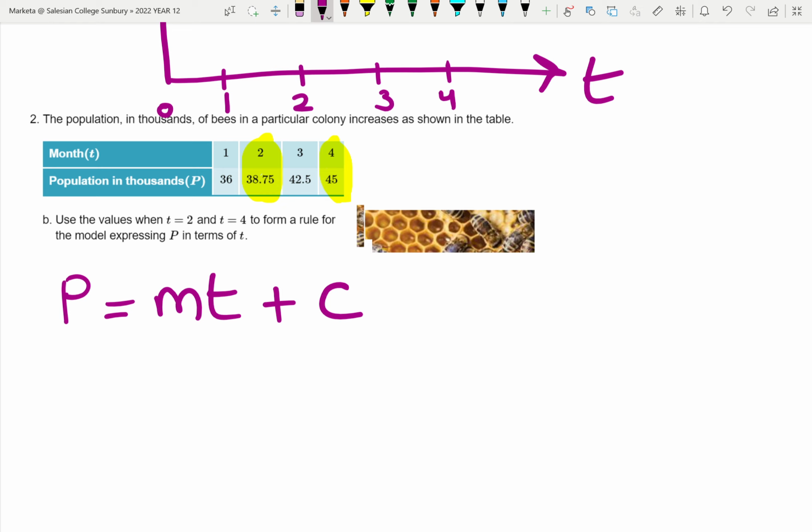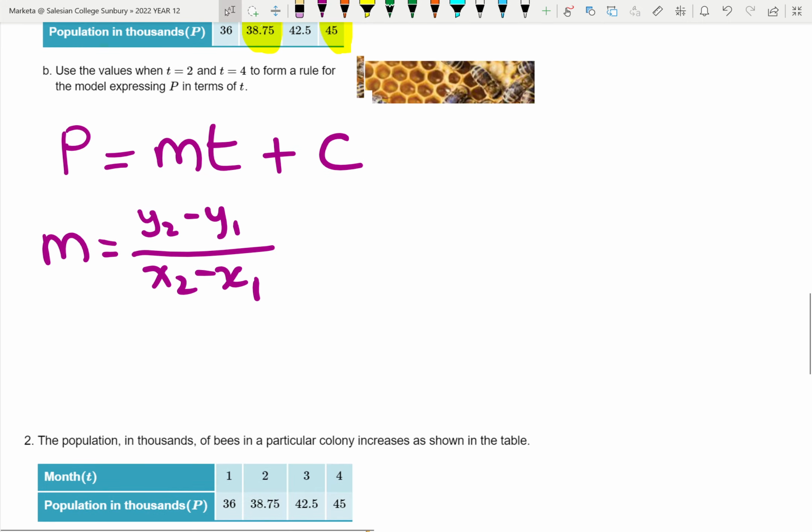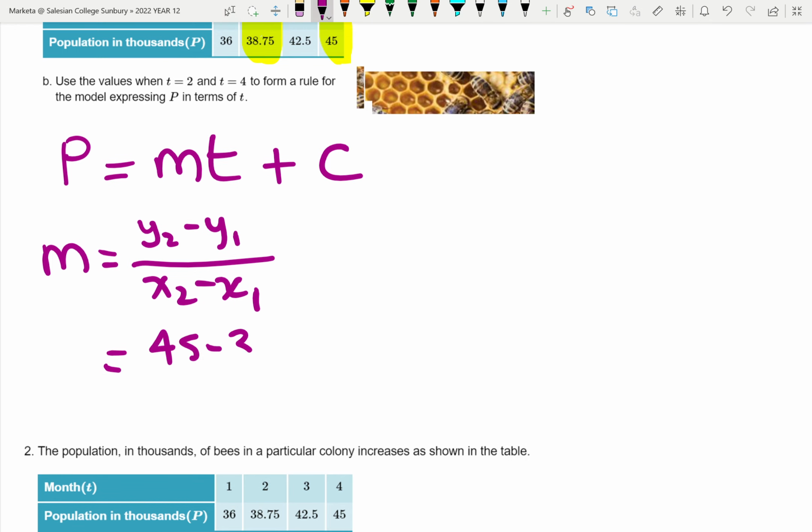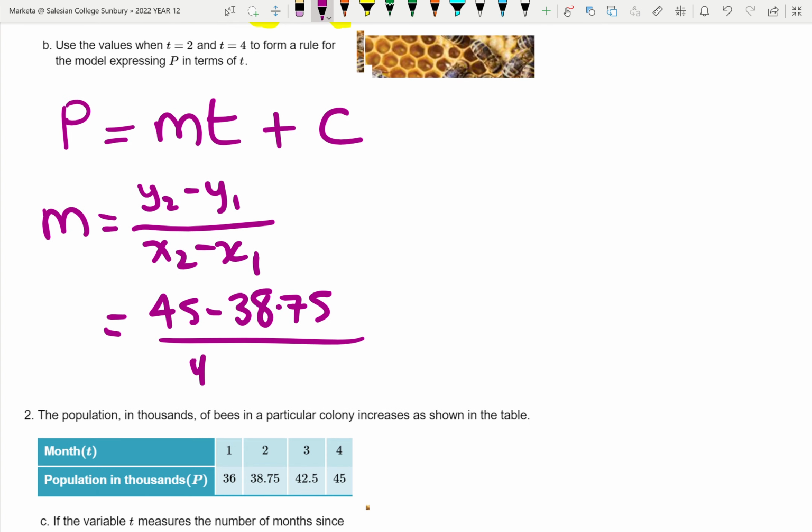Now, as usual, we would find the gradient, which is y2 minus y1 over x2 minus x1. Of course, it would be p2 minus p1 over t2 minus t1, but for the sake of just showing the equation there, I'll put that. And then I can say 45 minus 38.75 over 4 minus 2.